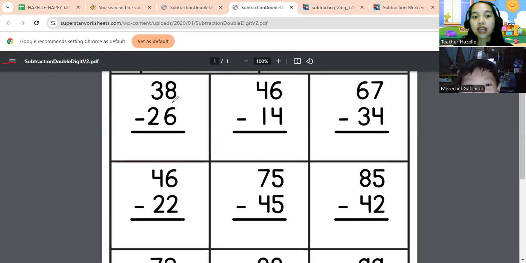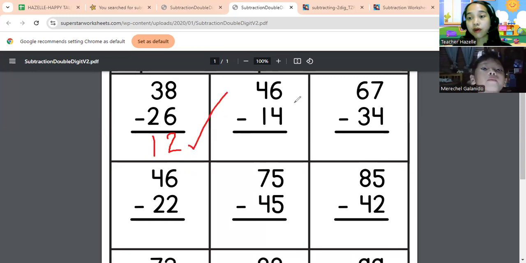So we're going to have 8 minus 6 first equals 2. Let me rewrite it again. So 8 minus 6 equals 2, and then 3 minus 2 equals 1. So you have here the final answer, which is 12.